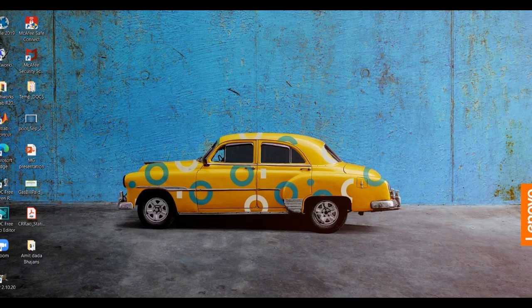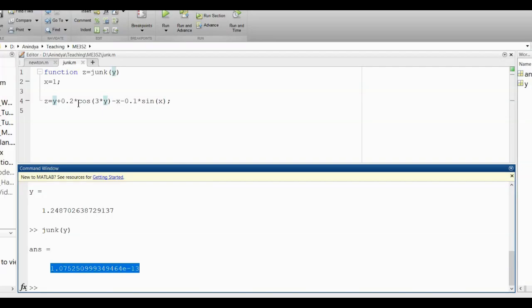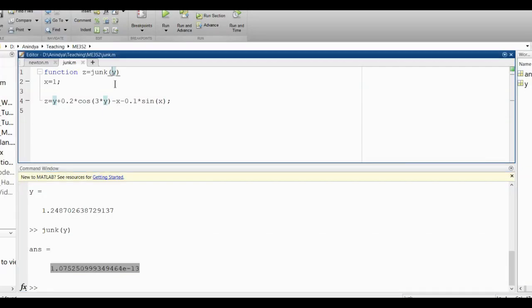So I come here to Matlab, and then what I do here is now I am writing it in a differential equation form. Okay, so I will say x comma y, this is the independent variable, this is the dependent variable. I will come here and I will say this is actually dy dx. That's what I mean.